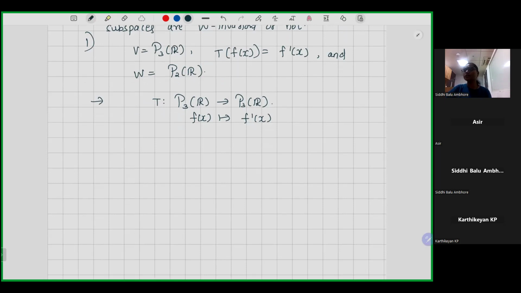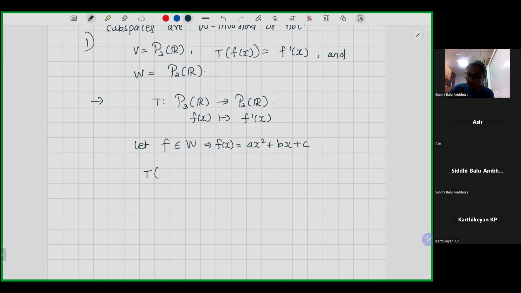Any guesses? This will be right, because let f belong to W. This implies f is of the form ax square plus bx plus c.